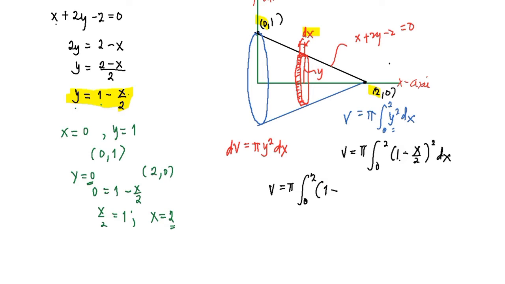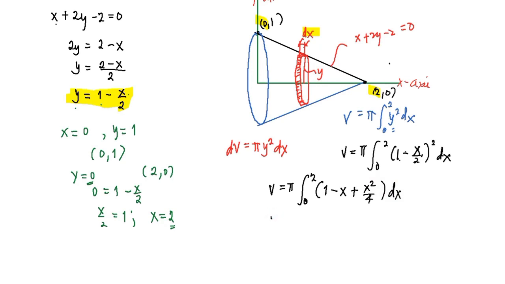And we are going to multiply this x over 2 to 1, so that is x over 2, and multiply that by 2, so we have here x. And square this second term here, so we have plus x squared over 4, and this is dx.